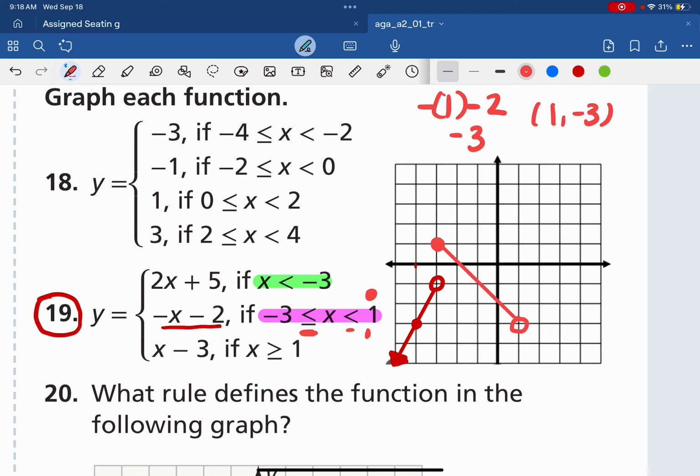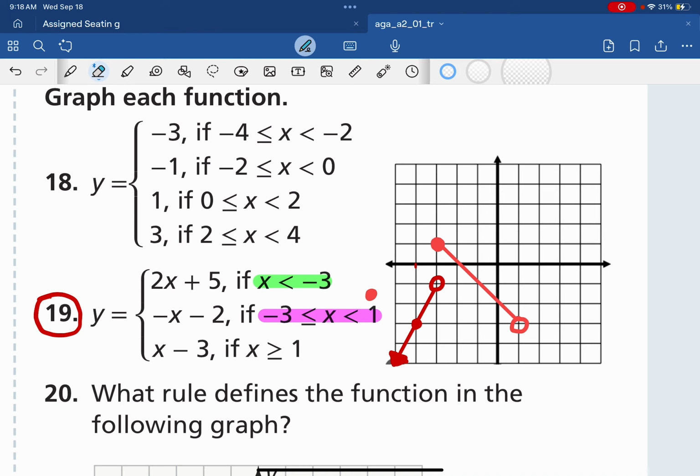Okay, so now we have our last piece. This piece holds true for x greater than or equal to 1. So the first value I'm going to plug in, of course, is 1.